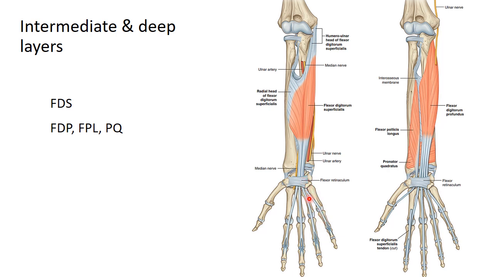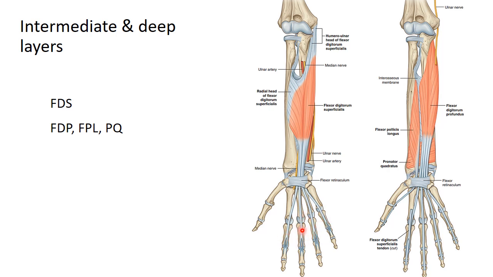It crosses the palm of the hand and reaches the proximal phalanges. These are the proximal phalanges of the second, third, fourth and fifth fingers.